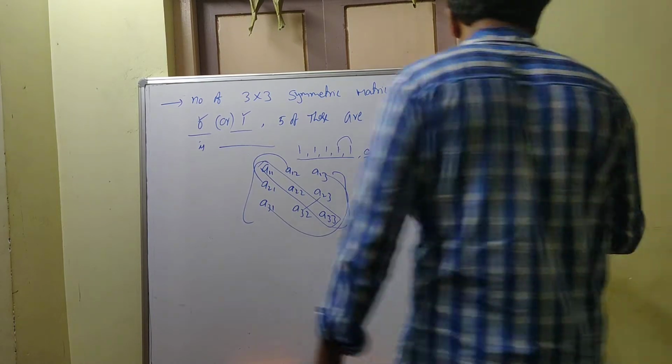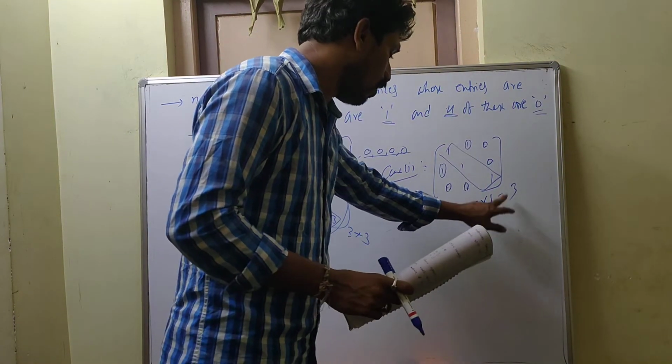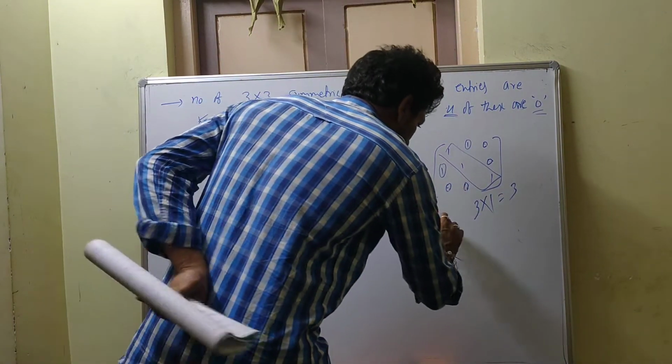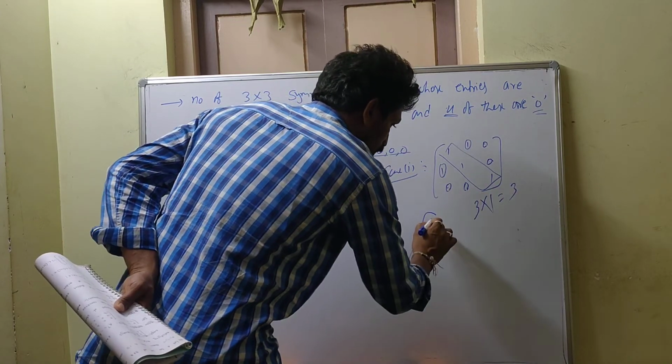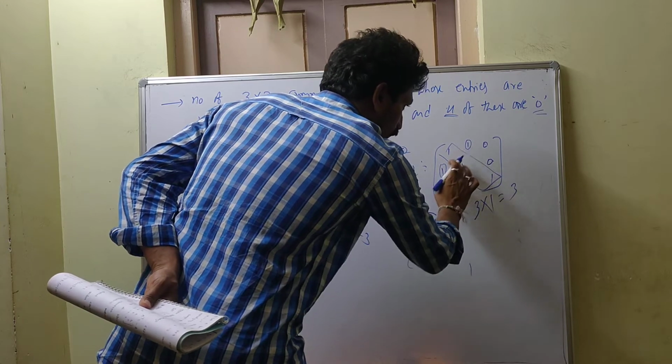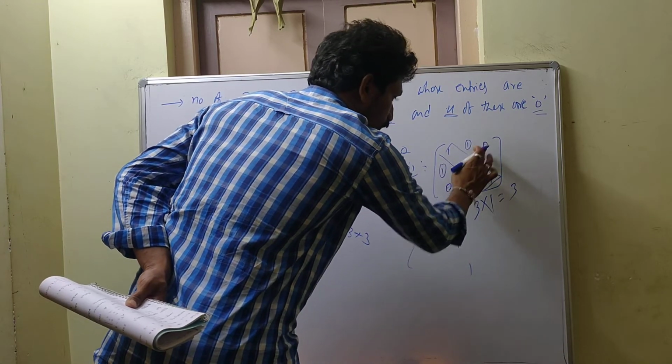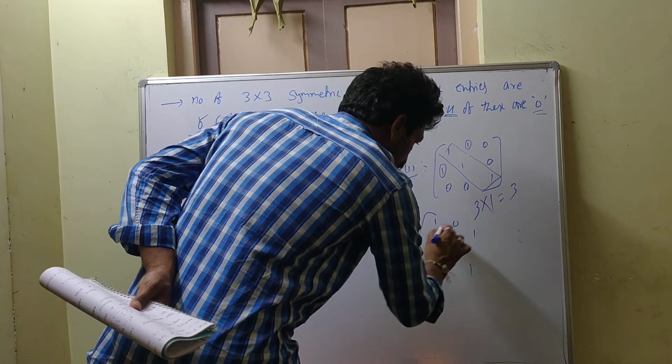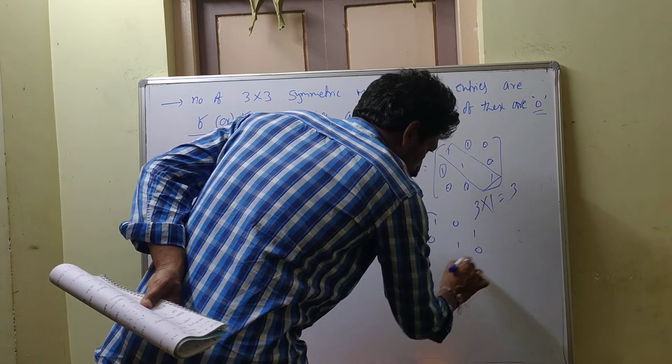Clear? This is one of the possible ways. So like that, these are the 3 I am taking: 1 1 1 fixed on the diagonal. Here I filled the first position with ones, then here zeros, here zeros.